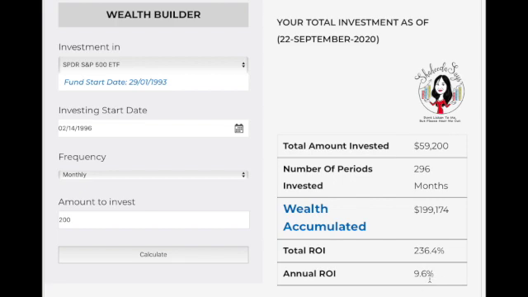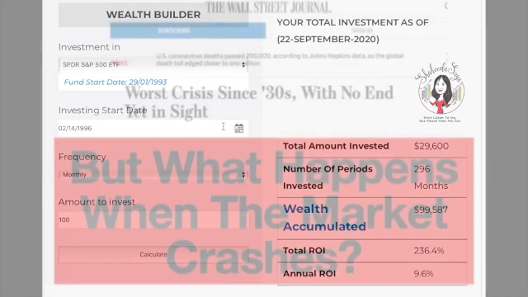So again, what I'm trying to tell you is over a long period of time and consistently, if you invest, even if it is a small amount like $200 a month or even $100 a month, you would have very good savings and great returns. 9.6% on average is very good.